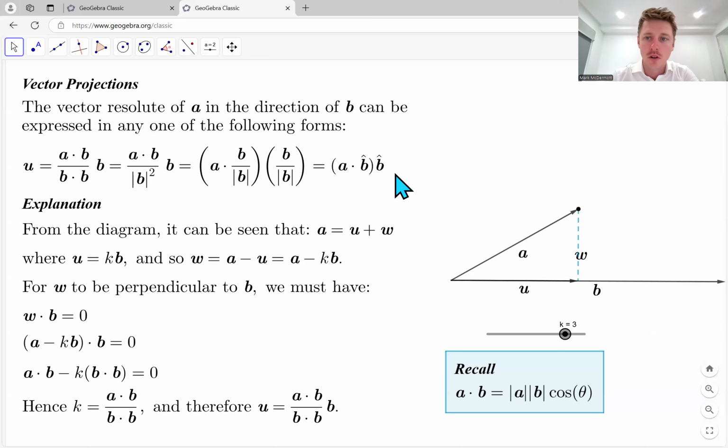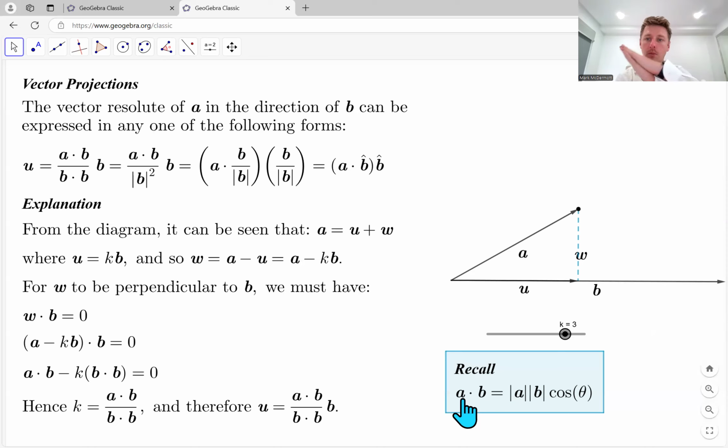Now there's just a bunch of alternate forms we need to know. This first alternate form says the following. You take the same A dotted with B, divided by the magnitude of B squared. Just by comparing these, B dotted with B must be equal to the magnitude of B squared. And that should make sense by the definition of the dot product.